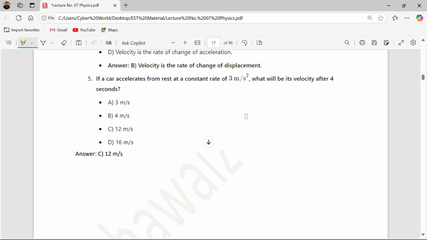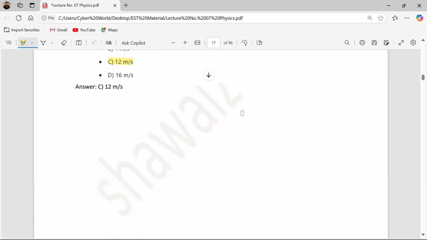You have to find the final velocity, and the initial velocity is given and the acceleration is given. So you can definitely use the first equation of motion to find this, and it will come to 12 meters per second.